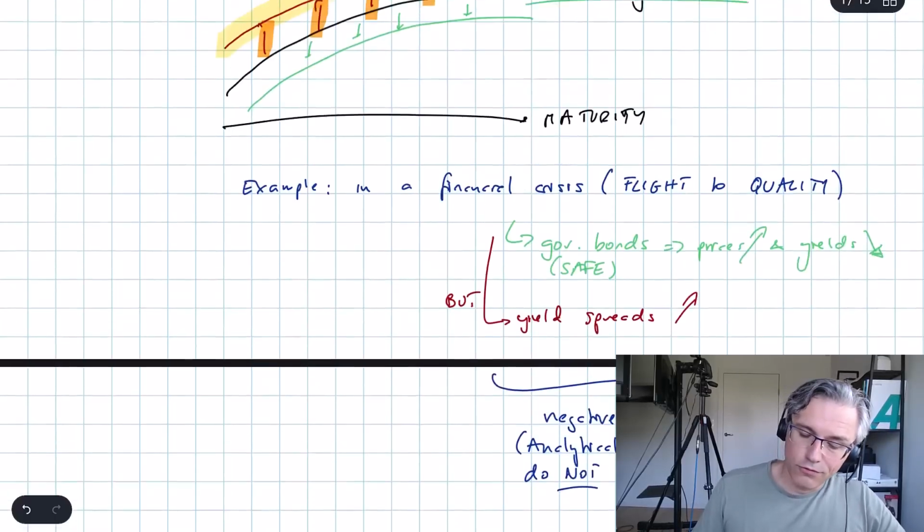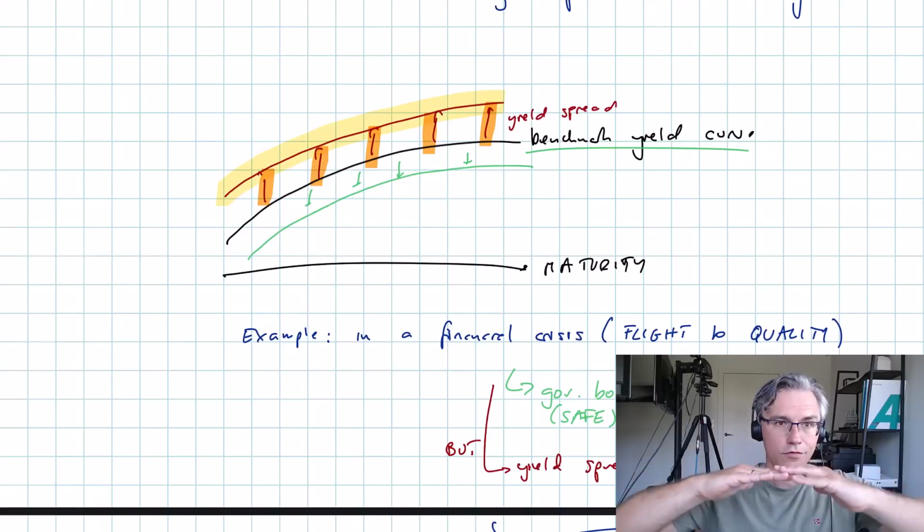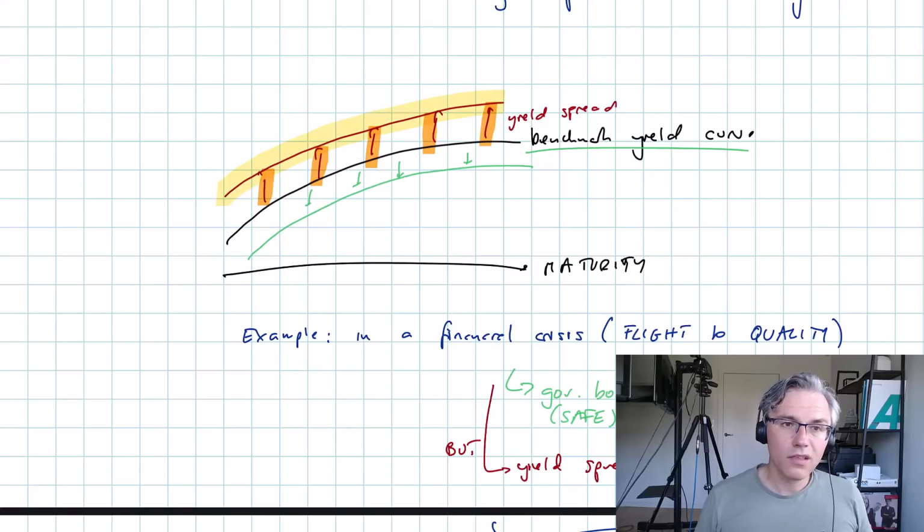What analytical duration measures will predict is that when the benchmark yield curve drops, the yield spread remains constant, and therefore the prediction will be that there will be an increase to the price of corporate bonds. That's absolutely not true. There may be an increase, but there will be two offsetting effects.